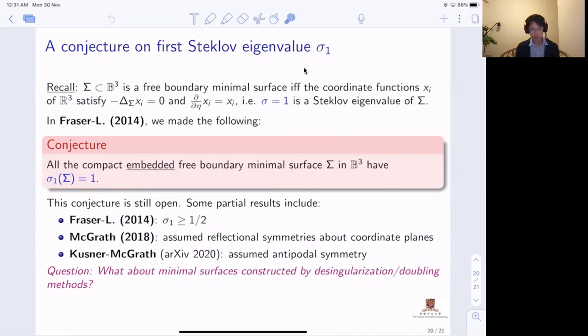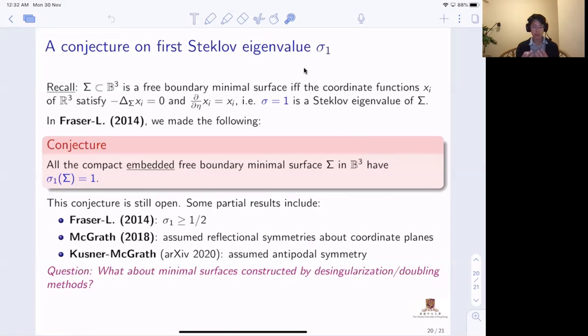If we assume symmetries, Peter McGrath proved in 2018 that this is true if your surface is embedded and has reflection symmetries about coordinate planes. In the recent paper of Kunzler and McGrath, they relaxed the symmetry assumption to just antipodal symmetry. Using that, they can verify a few other examples that are known to date.